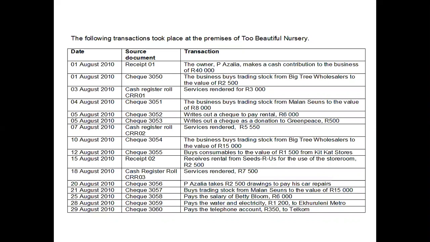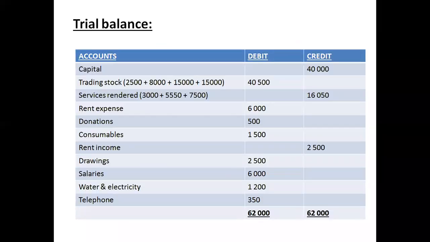Assets must also be on the debit side, and it is 2,500 Rand. You will see what I've done here is I've put it in brackets next to the account, because there is more trading stock that is going to follow in the rest of the exercise. So 2,500 Rand, I've put it in brackets, but yes, it is supposed to be in the debit column.